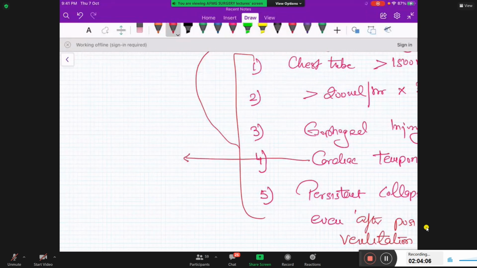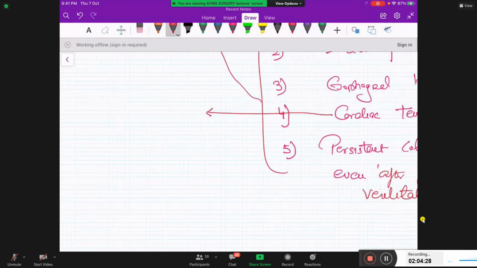How will we know what is cardiac tamponade? Of fluid in trauma, it is blood. Sudden accumulation of blood in the pericardium. Sudden accumulation of blood in the pericardium is cardiac tamponade.